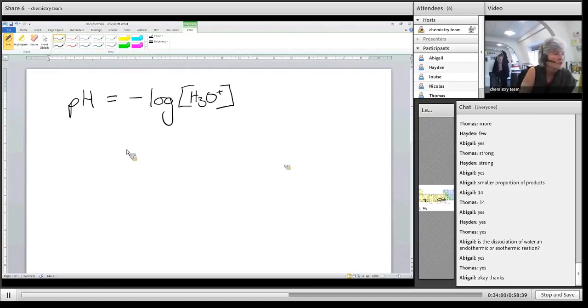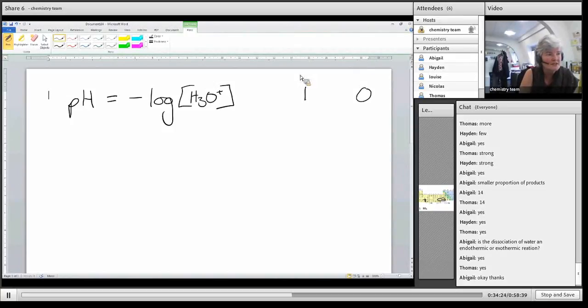Okay, so if you're not sure on how to use your calculator, I know some of you have said yes, but not all of you, work with just straightforward numbers that you know. The way a log scale works is that a log of 1 has a pH of 0.